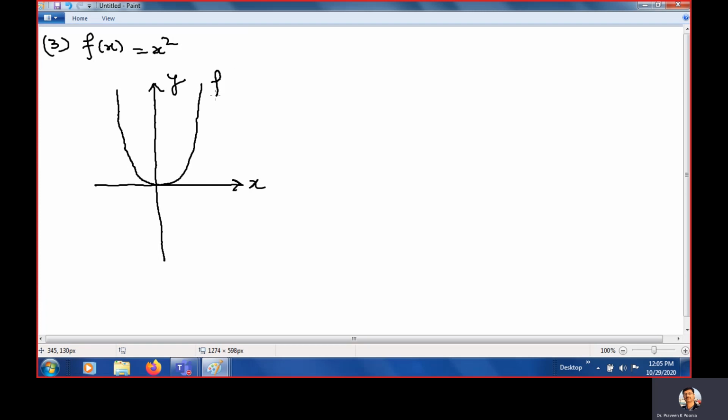This is f(x) = x^2, and this point is called the vertex. The coordinates of the vertex are (0, 0).